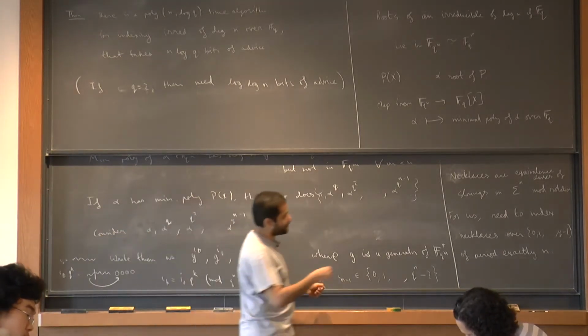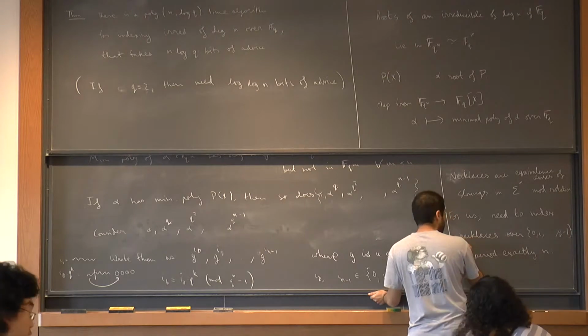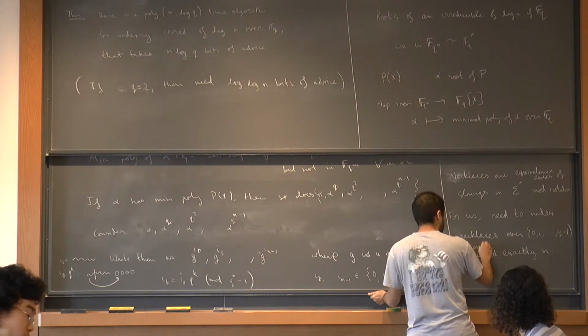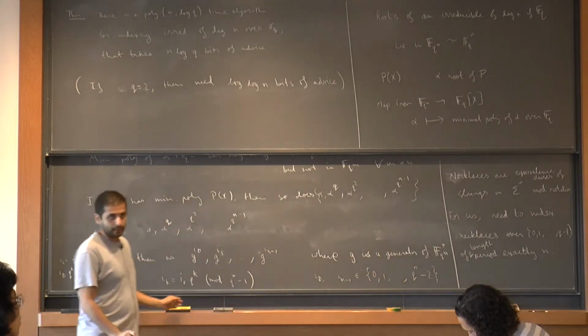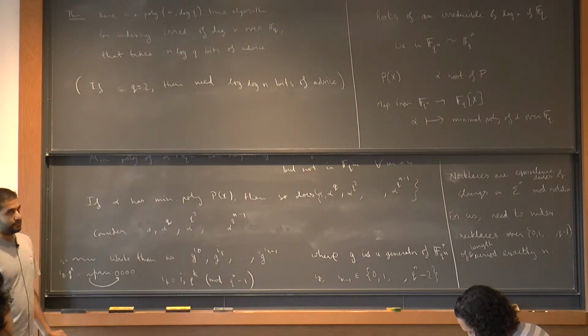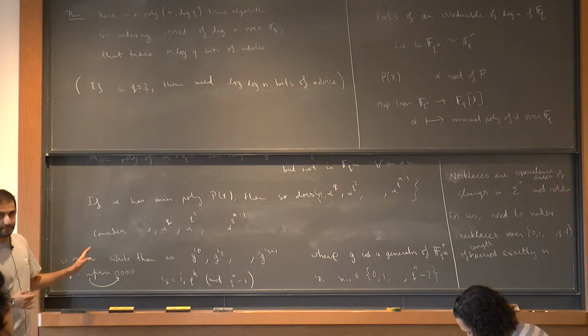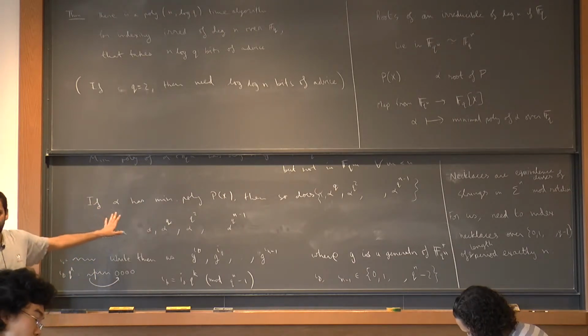Necklaces over this alphabet of length n and period exactly n. So that's the problem, which if we solve that, then we can index irreducible polynomials of degree exactly n.